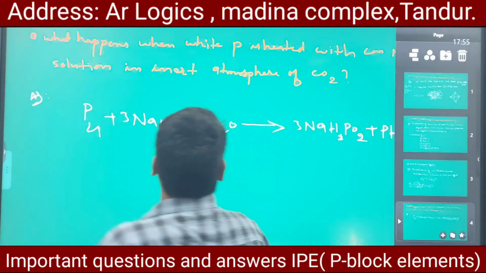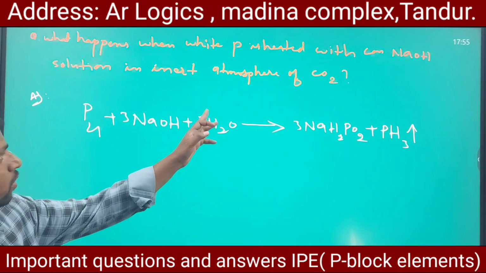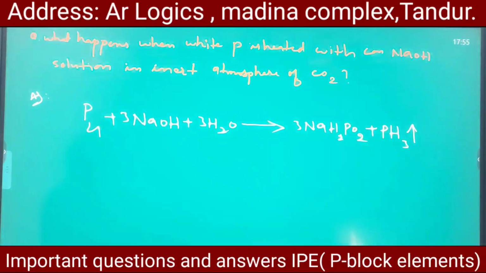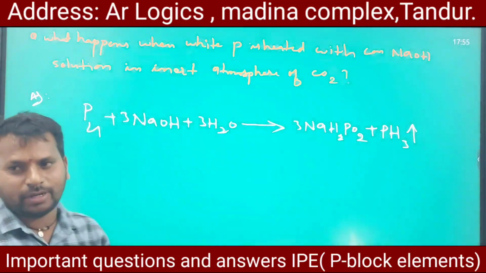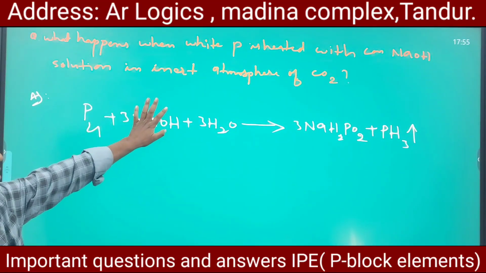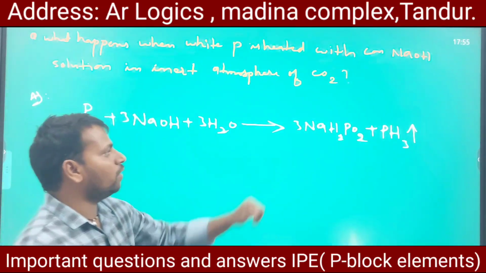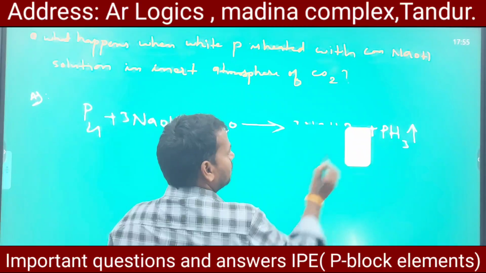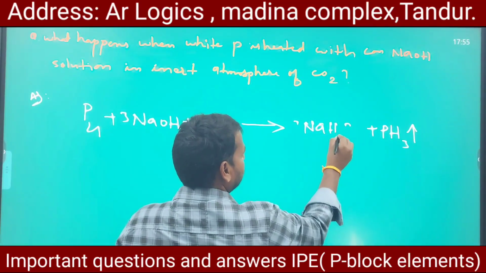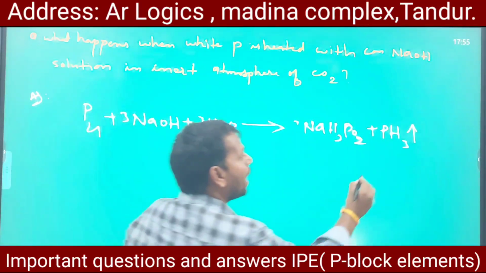What happens when white phosphorus is heated with concentrated sodium hydroxide solution in an inert atmosphere of carbon dioxide? Phosphorus P4 reacts with concentrated sodium hydroxide in the presence of water. It gives sodium hypophosphite, NaH2PO2, plus phosphine gas.